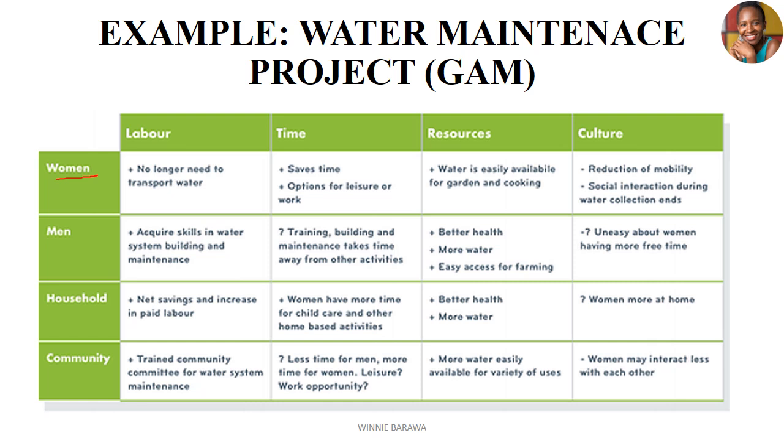Under resources, there'll be better health, more water access, more access for farming, and so on. And these advantages go down all the way to the household and to the community. So what the matrix does is intertwine the relationship between labor, time, resources, and culture. We are trying to see how this affects our women, men, the household, and the community, looking at the different activities that are taking place in our community.